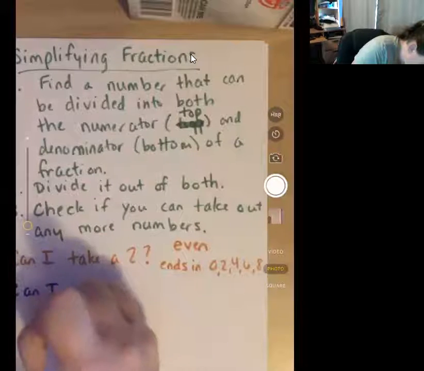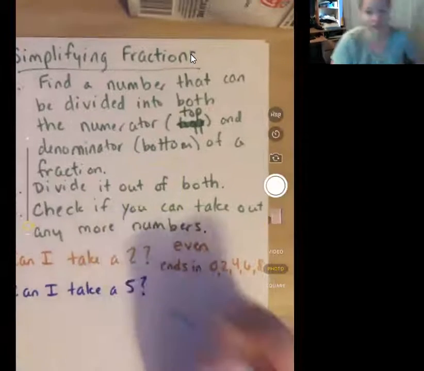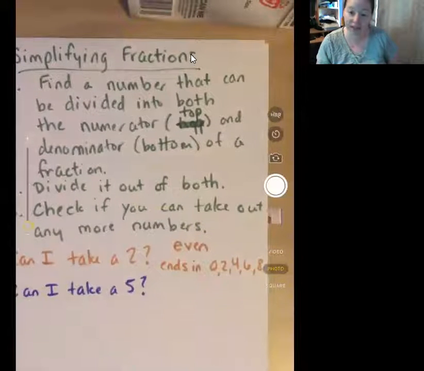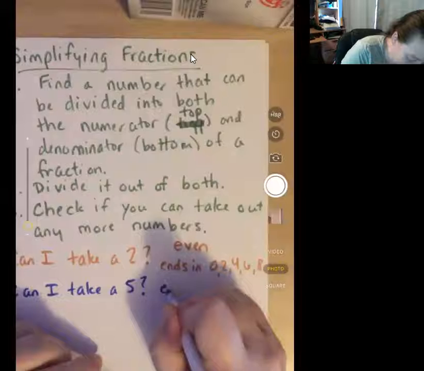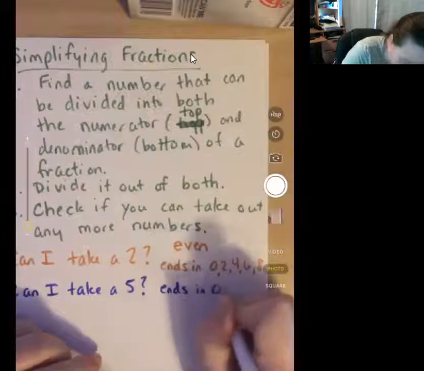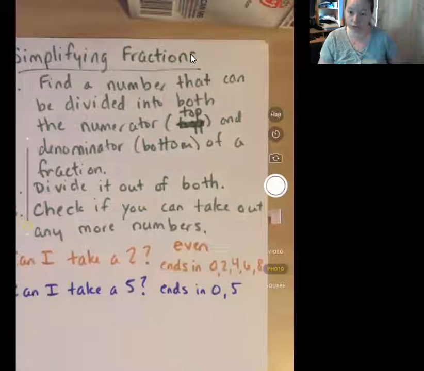Can I take a 5? That's my next one. Can I take a 5? I can if it ends in 0 or 5. Okay? If it ends in 0 or 5, I can take a 5.